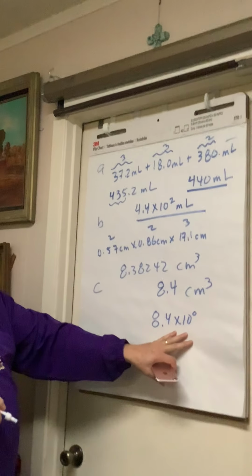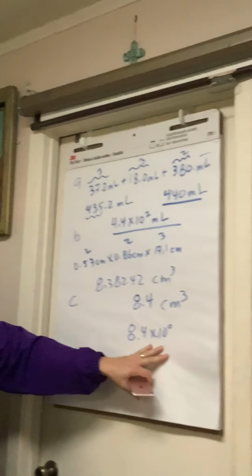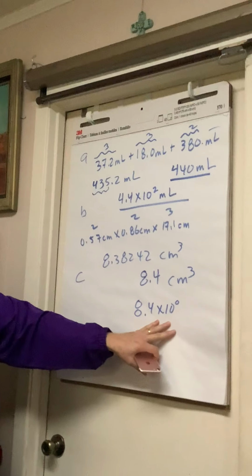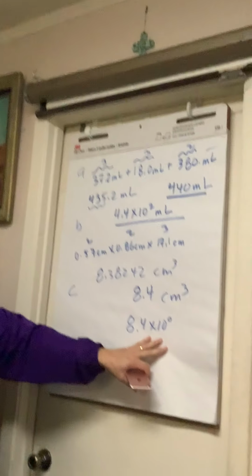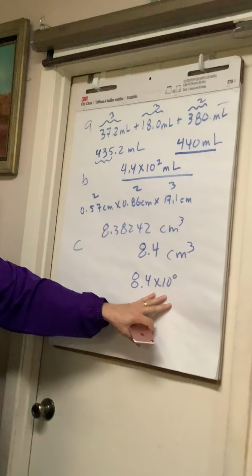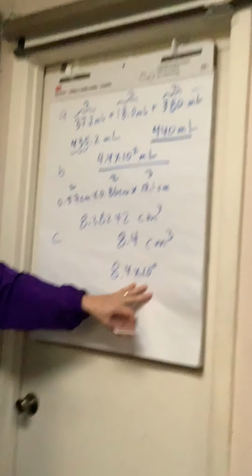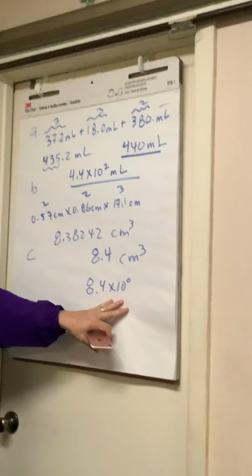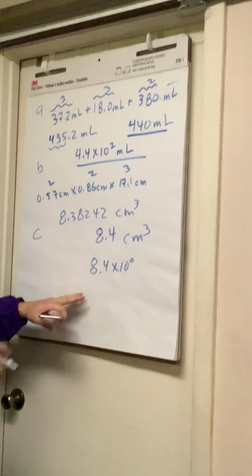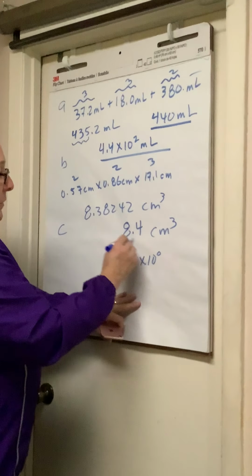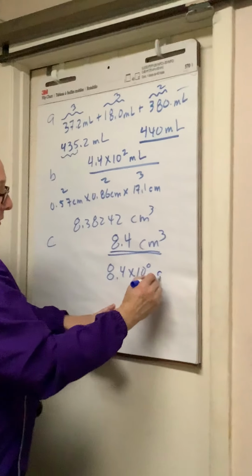We don't usually do numbers between 0.1 and 10 in scientific notation, but any number raised to the 0 power is 1, of course. But this would be fine, and centimeters cubed.